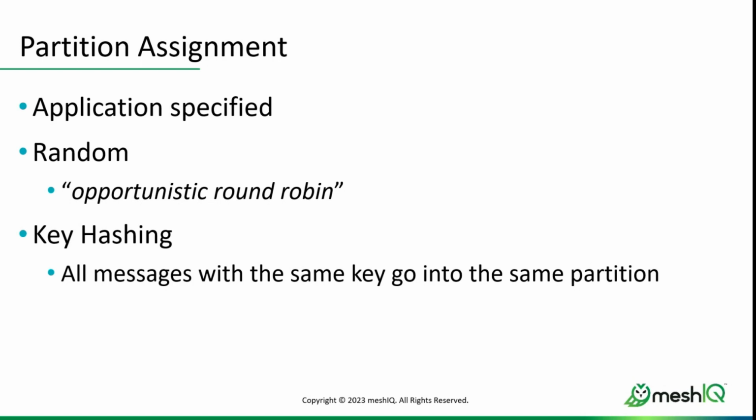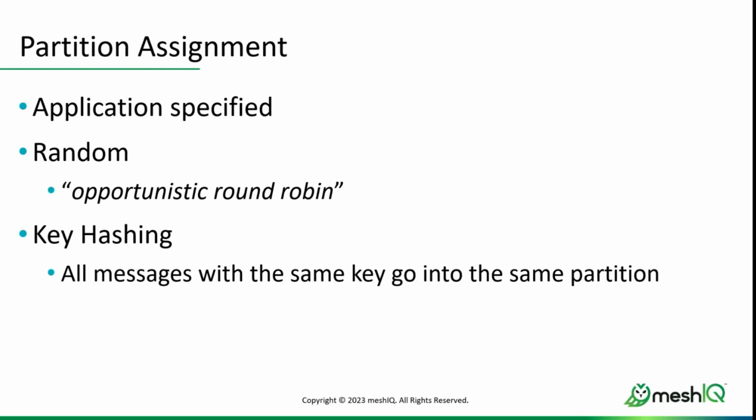So let's say you were doing an EDI workload and you wanted all of the messages for the same PO to go to the same partition. Well, you would make the PO number the key, and then all of those messages for that PO would go to the same partition and would get processed downstream by the same consumer, right?